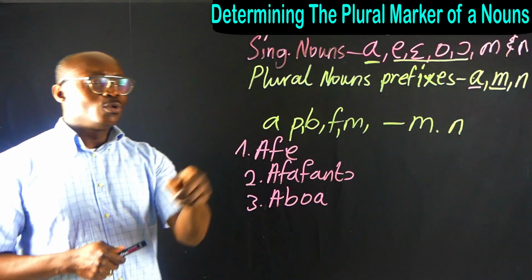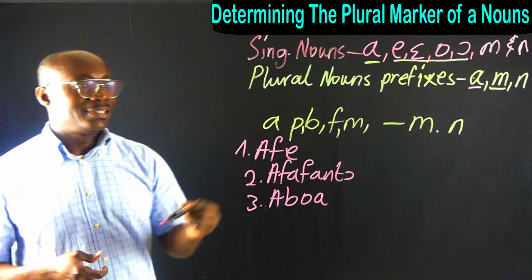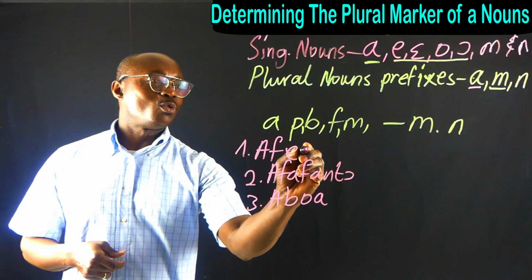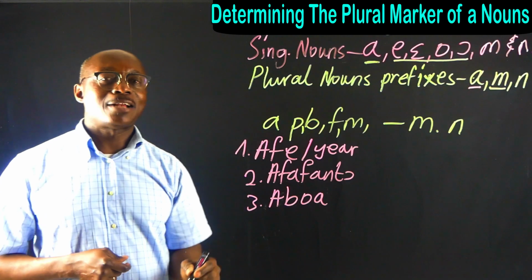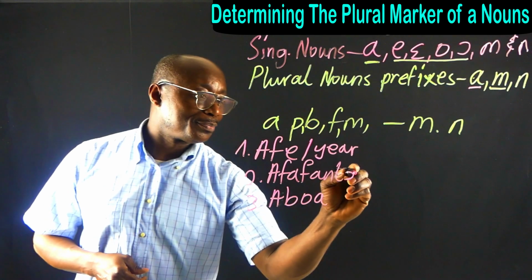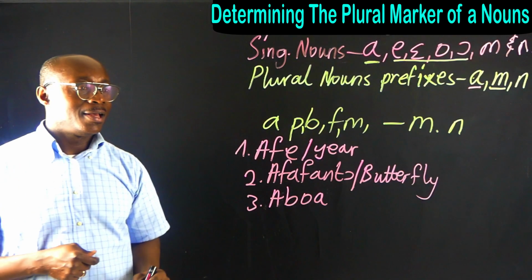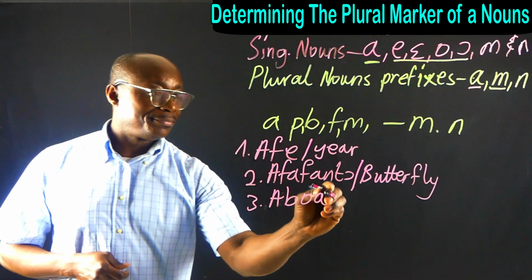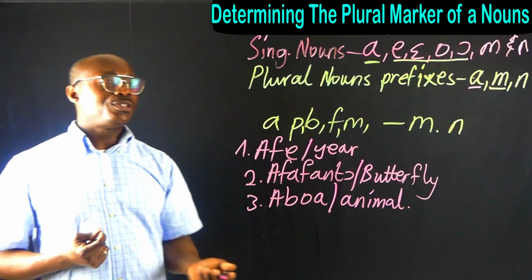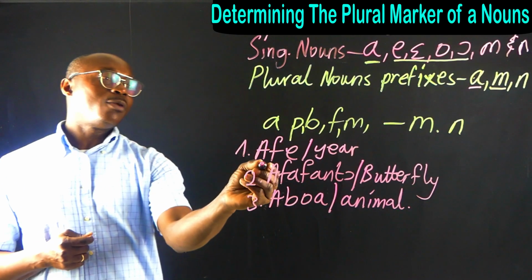Yeah, if you look at these examples, this is afie, which is what? Year. And this is afafanto, and that is what? Butterfly. And this is Aboɔ, and that is what? Animal. What do you see? They all begin with what?